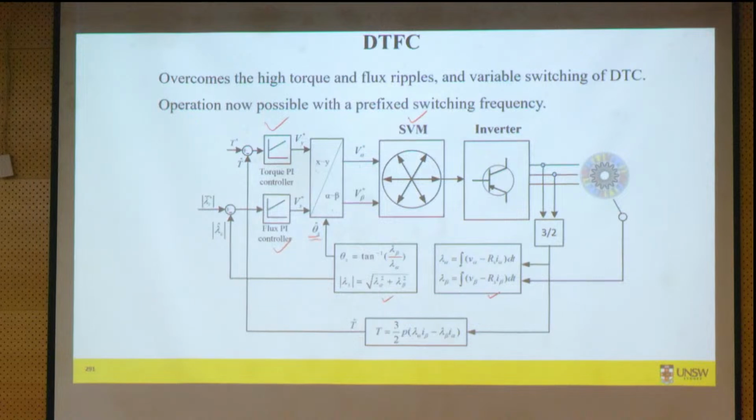This angle is the angle between your alpha beta plane and an arbitrary plane called XY, because we don't actually know where the flux linkage is. So it's an arbitrary XY plane, and this angle may not be your theta; it may be something either bigger or smaller than theta.